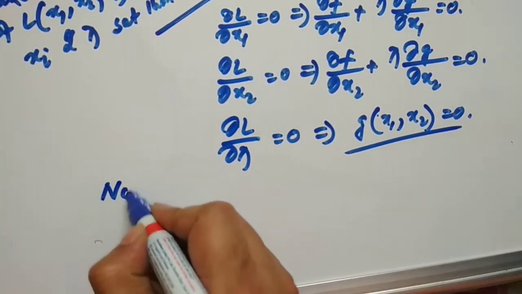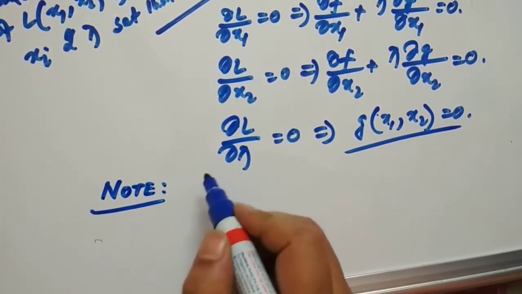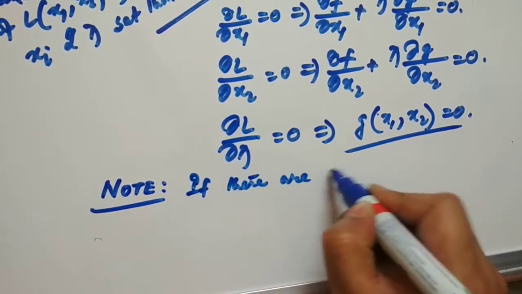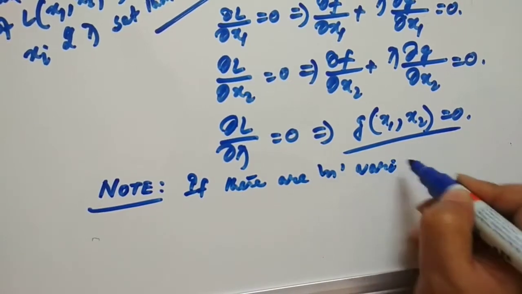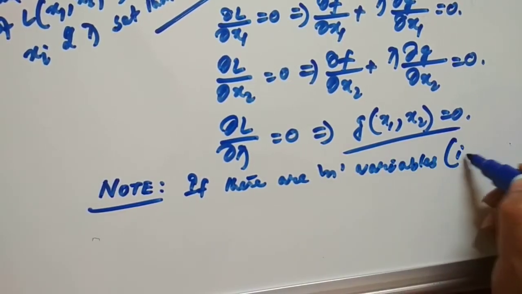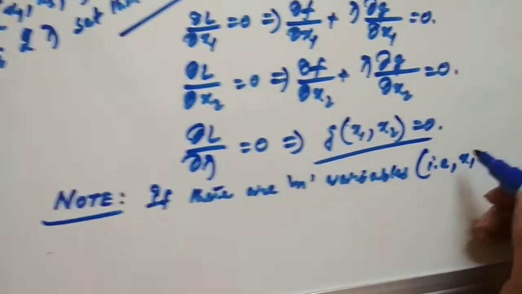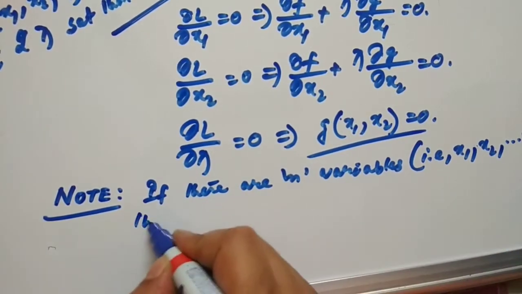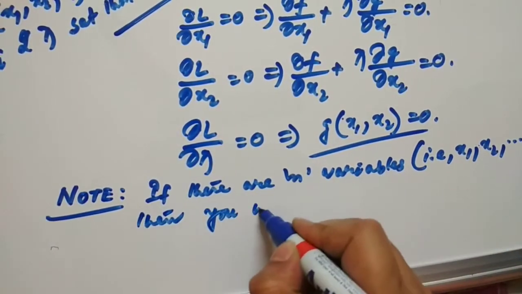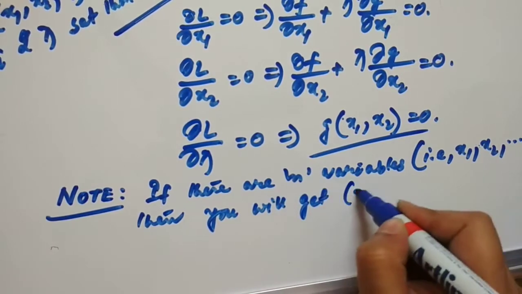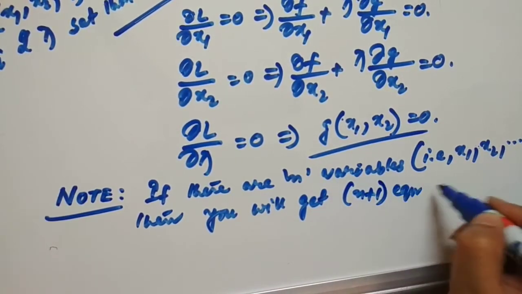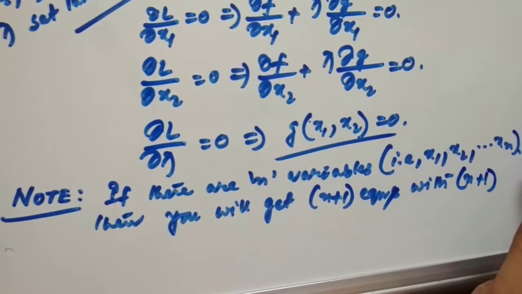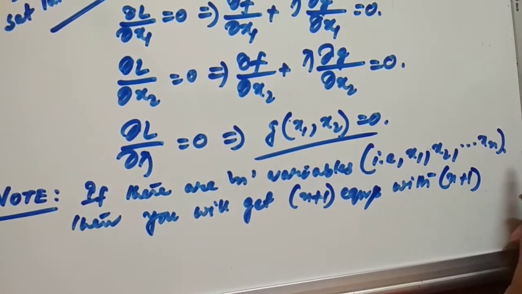You have to keep in mind: if there are n variables, say x1, x2, ..., xn, then you will get n plus 1 equations with n plus 1 unknowns.